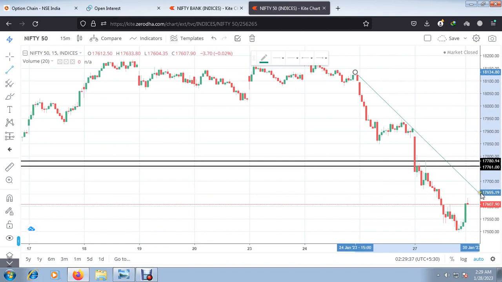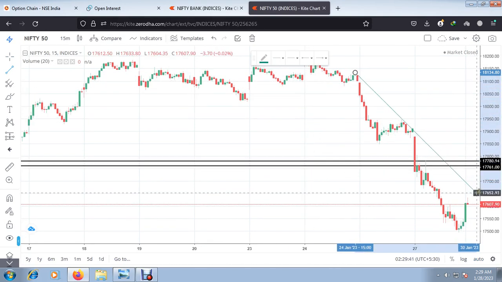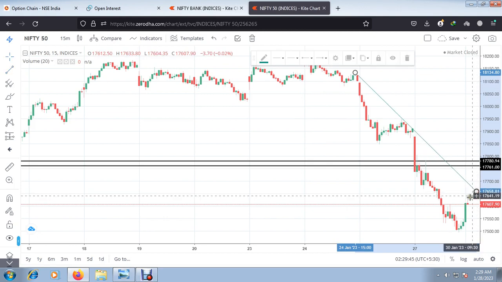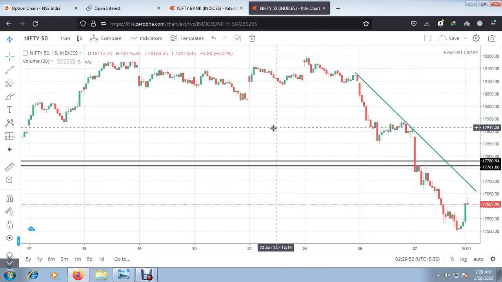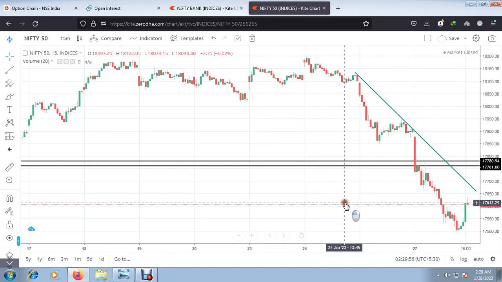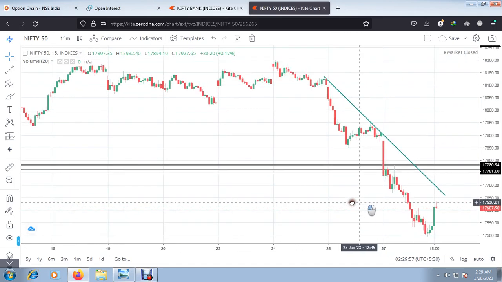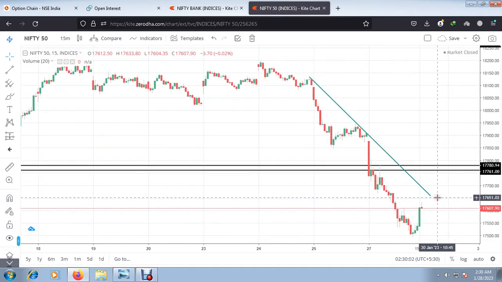I'm drawing a trend line here, like this. Okay, so now suppose this trend line is breaking.